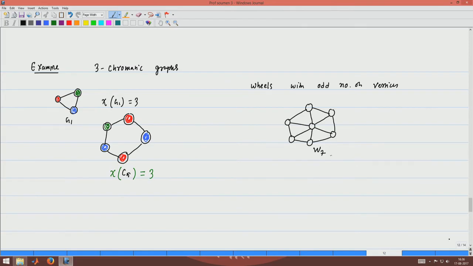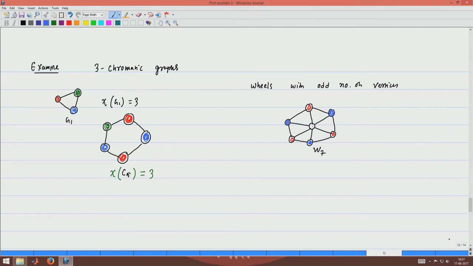Now, you try to color this graph. Of course, here you can put red, red, red, and then you put blue here, blue here, blue here, no problem. You can see till now all the adjacent vertices have different colors.